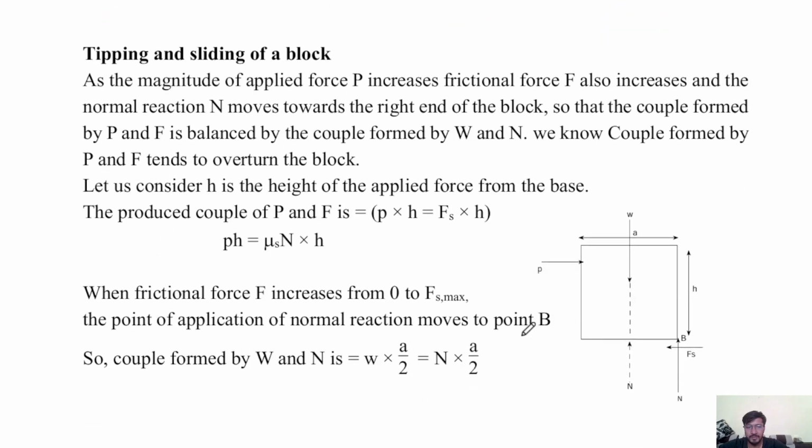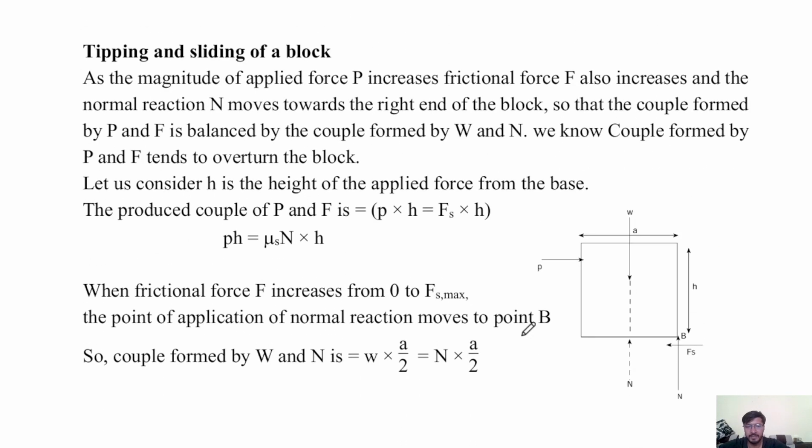We want to discuss the condition of tipping and sliding of a block. So what is tipping and sliding of a block? As the magnitude of applied force P increases, frictional force F also increases. When we increase the applied force P, then the friction force, which is in the opposite direction, also increases.